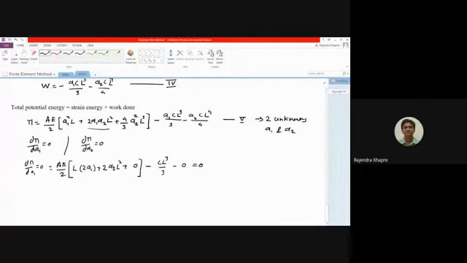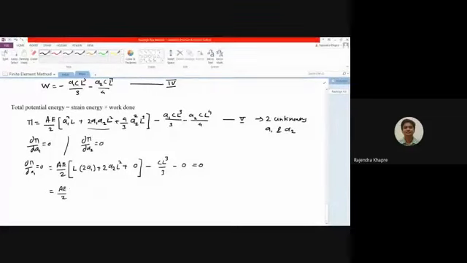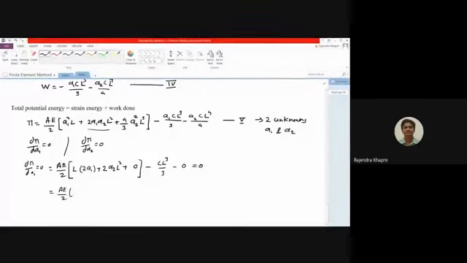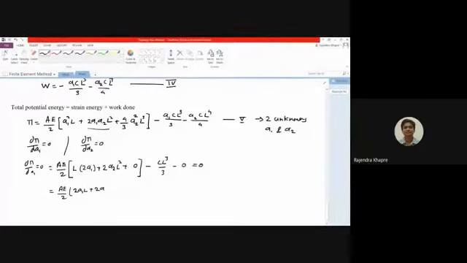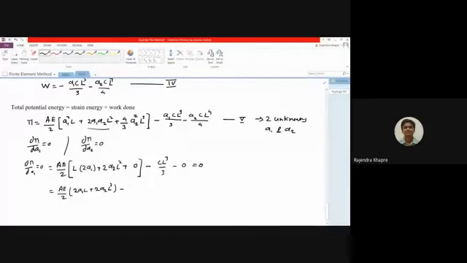So now if you rewrite this expression, what you get is AE divided by 2 into 2 times a1 into L plus 2 times a2 into L square, minus c L to the power 3 divided by 3.